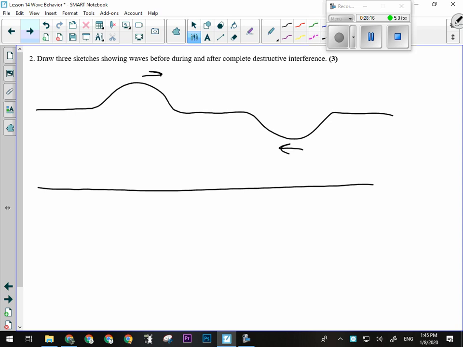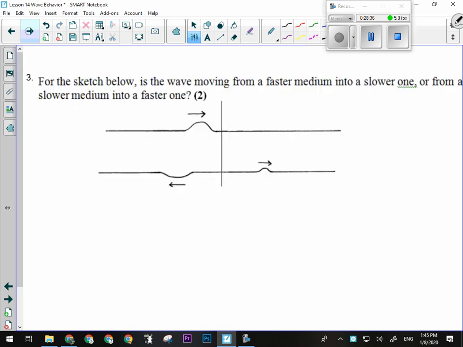They completely cancel each other. My after picture needs to show the 2 waves traveling on, completely unaffected by the fact that they pass through each other. They don't bounce off of each other or anything like that. We have to indicate that they continue doing what they were doing before. Questions on that one? Okay.